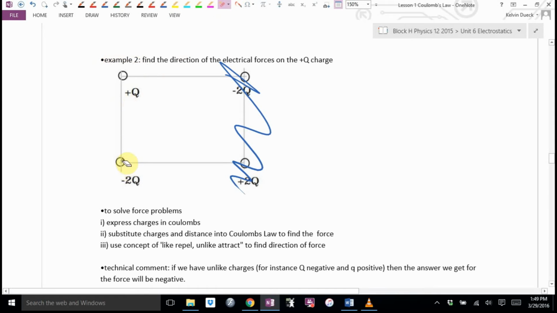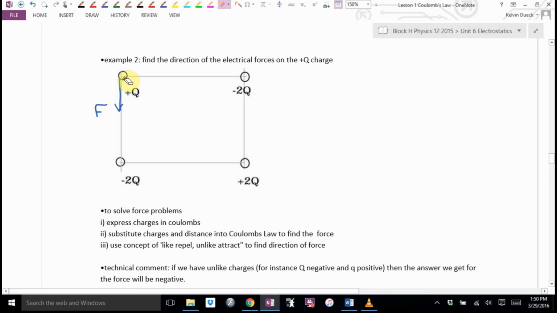Looking at this charge, is it repelling Q or is it attracting Q? Attracting. So is it pulling Q down or pushing Q up? Down. So there would be a force. Yes? Now only look at this charge here, this top right one. Is it repelling Q or is it attracting Q?